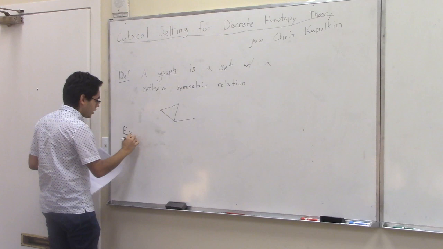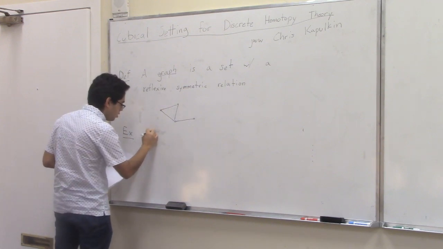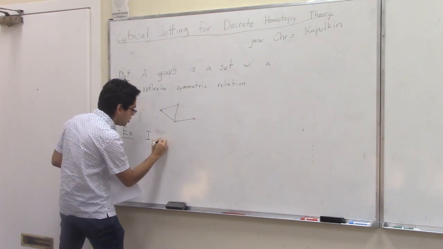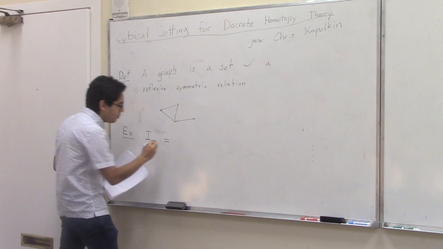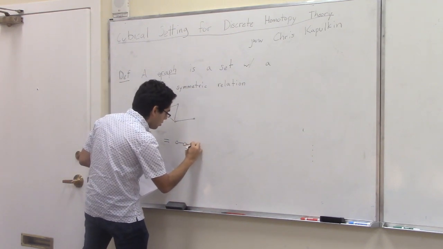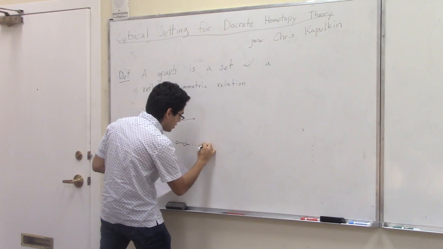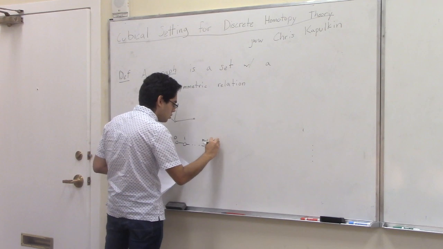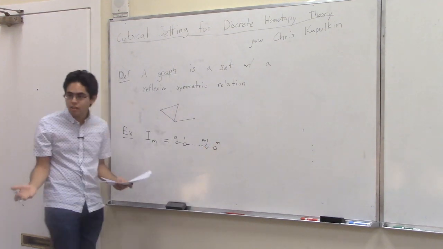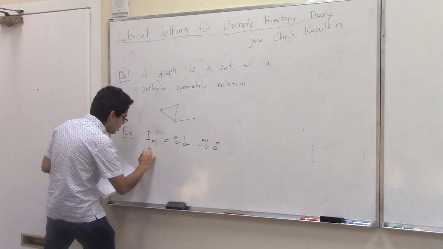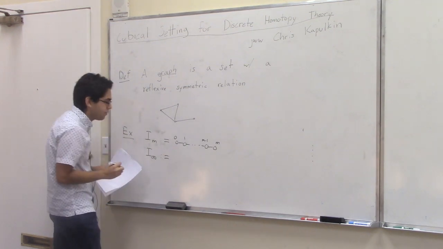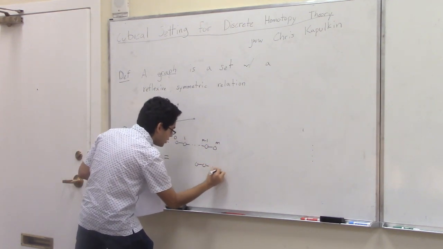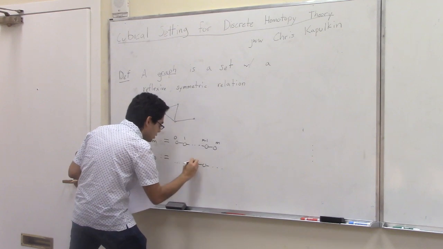What are some graphs that are going to come up for us? For any non-negative integer m, I'll write Im for the graph where the vertices are the integers from 0 to m, and they're just connected in a line, like so. I'll write I infinity for the graph whose vertices are all integers, and again, these will just be connected in a line.